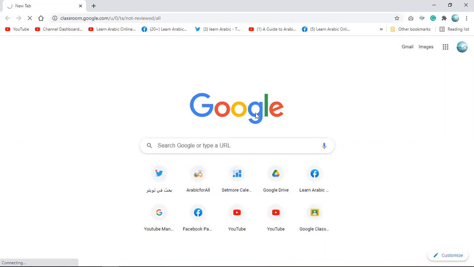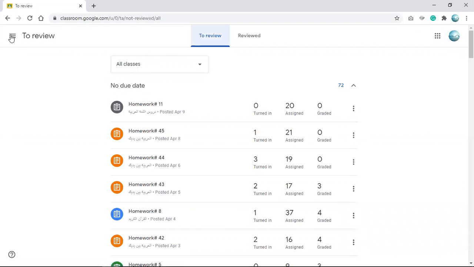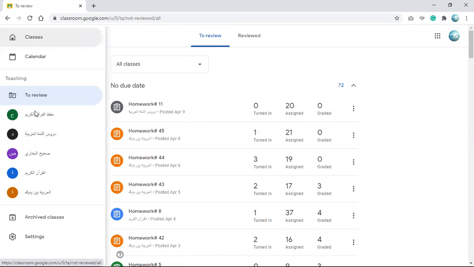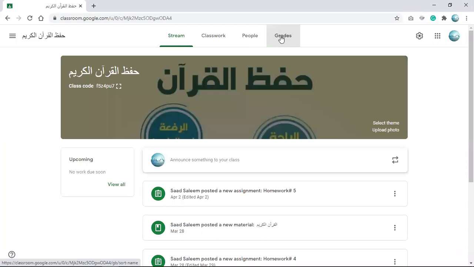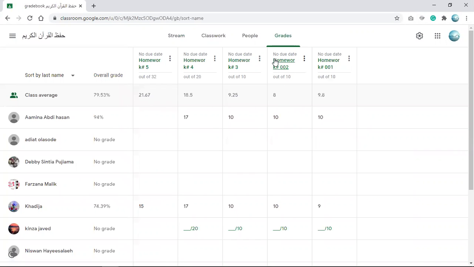Did anyone revise it? You mean the Hifz one? Yes. Did anyone revise homework number 2? Was that Surah Baqarah? Yes. I'll do it when I get home. I can concentrate then, inshallah.